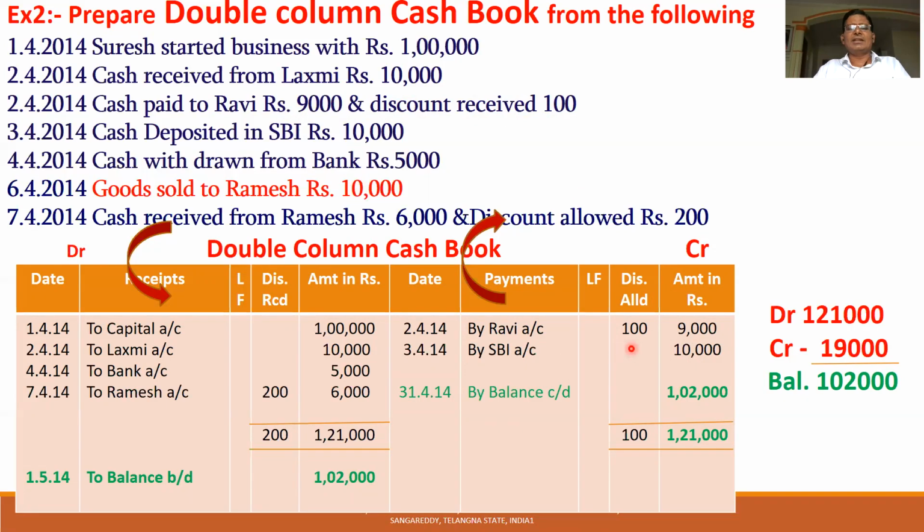Discount received is credit, so this is credited. So cash paid to Ravi, and we received a discount.